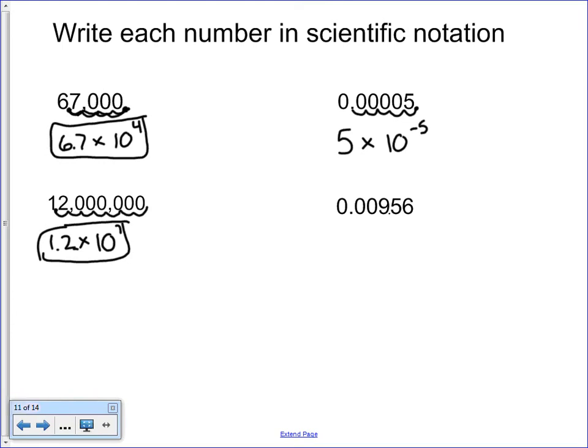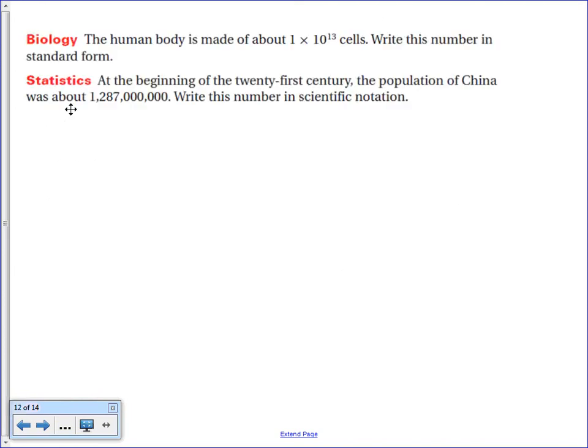And the last one here, where am I going to put my decimal point? You're going to put the point right there, in between that 9 and the 5. So starting this one out, I got 9.56 times 10, and then I have to go to the left 1, 2, 3. So 10 to the negative third for that one.